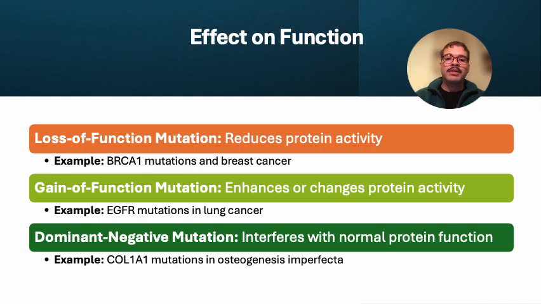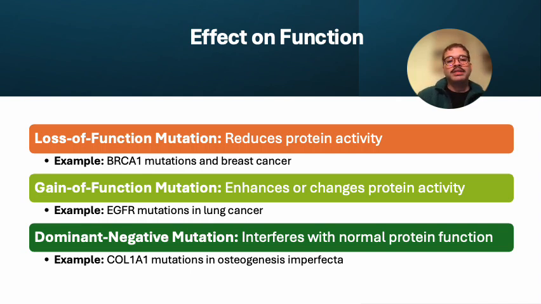In this slide, we're going to be talking about the effects on function. The first one is loss of function, which is reduced protein activity. An example of this is the BRCA1 mutation in breast cancer. We can talk about gain of function, which is a mutation that enhances or changes the protein activity.